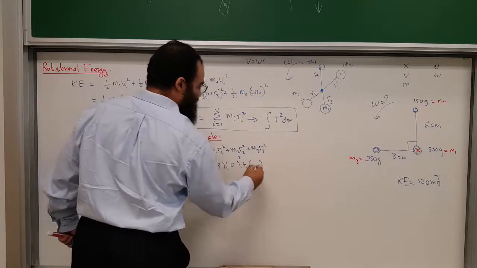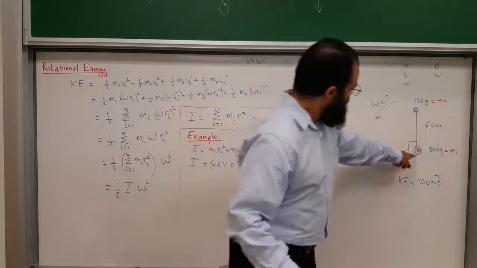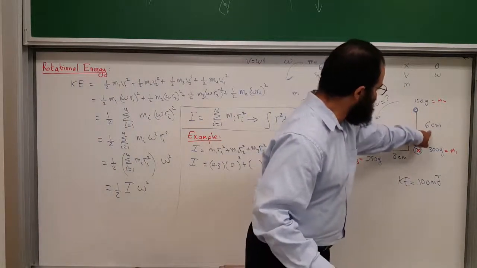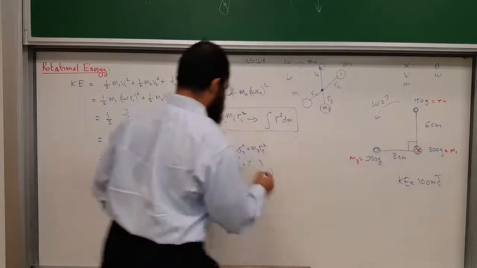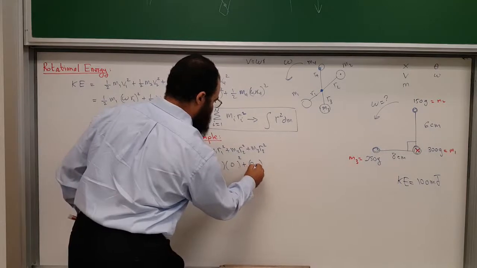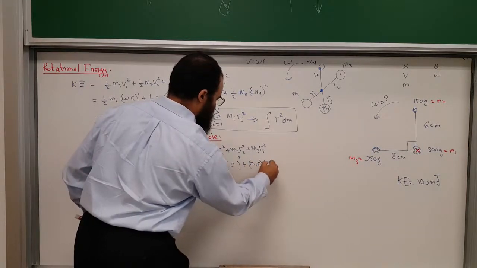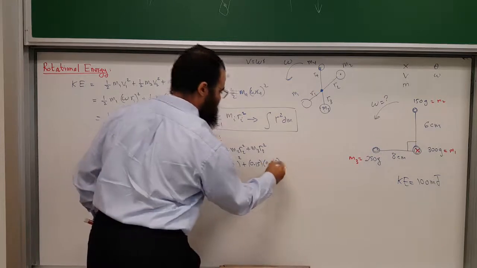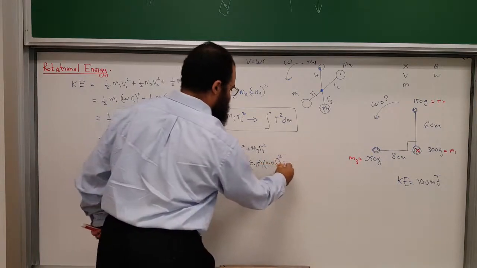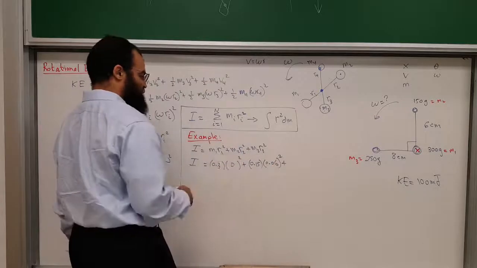Plus M2, the distance from here to here is 6 centimeters, and M2 itself is 150 grams or 0.15 times the distance, which is 0.06 meters. Oh, don't forget to square it. That's a typical mistake. I make it too.